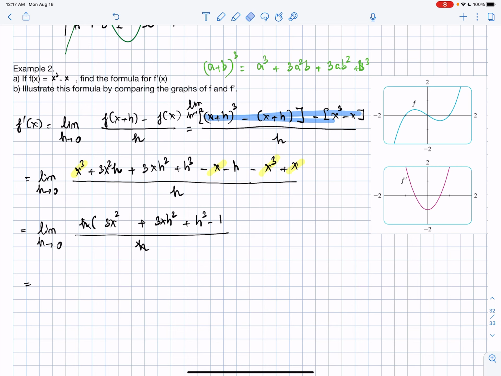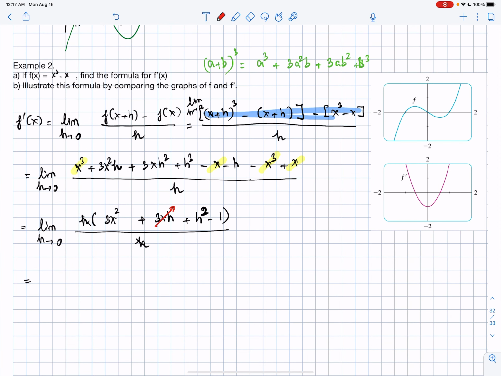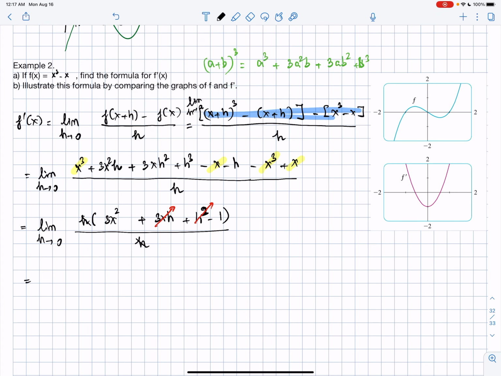The h right here is just h after we factor out the h from the h squared. Okay, so if h equals 0, that means that these terms will be gone. So then we will have 3x squared minus 1 left.